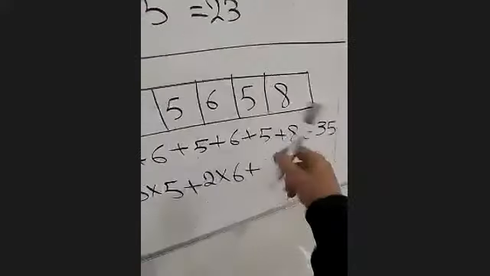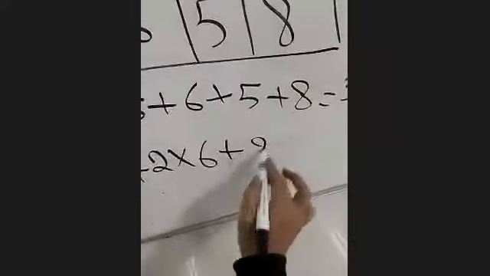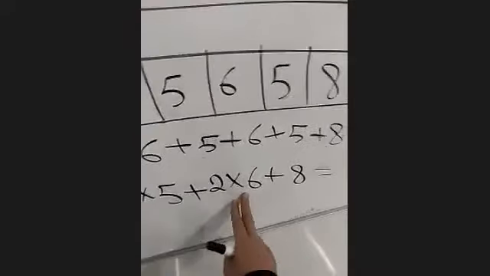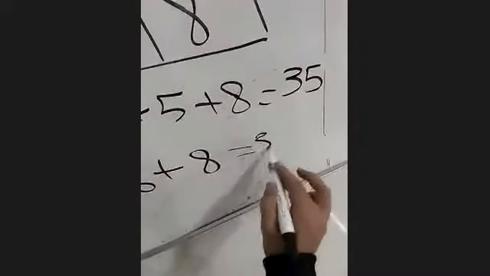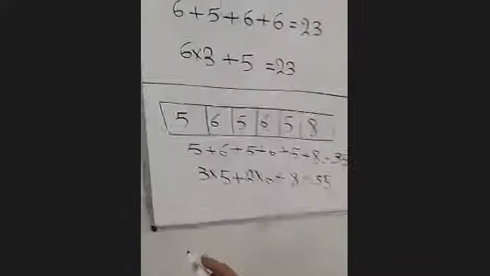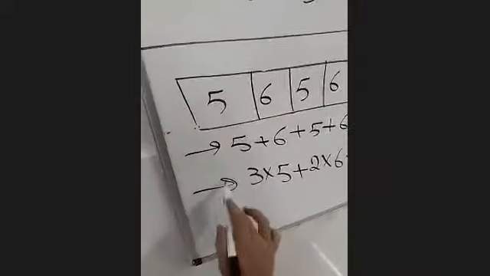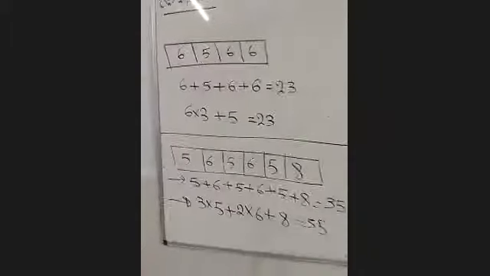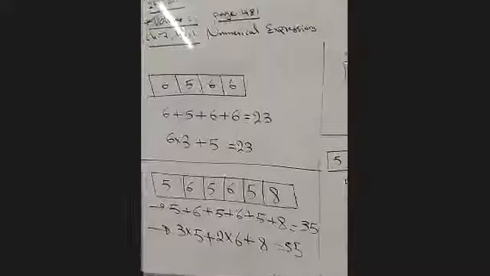Here we have 1 8, so 8. Now let's multiply and add. 15 and 12 is 27, plus 8 is 35. So if we have something like this, we can express it only in addition, and we can express it in multiply and add. This is the idea of numerical expressions, guys.